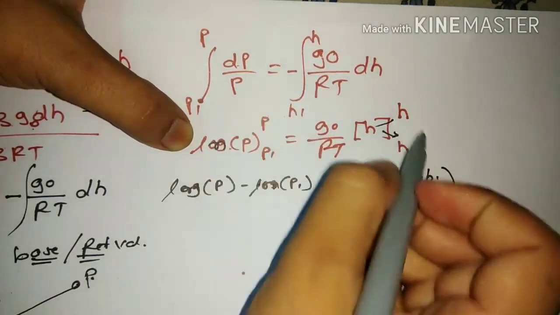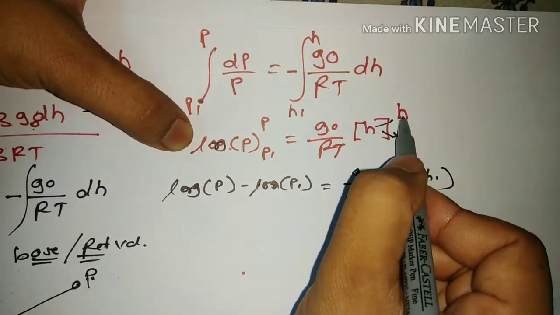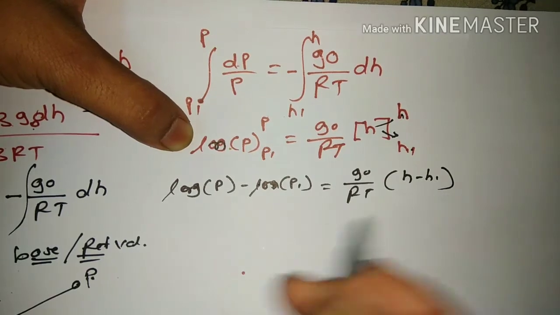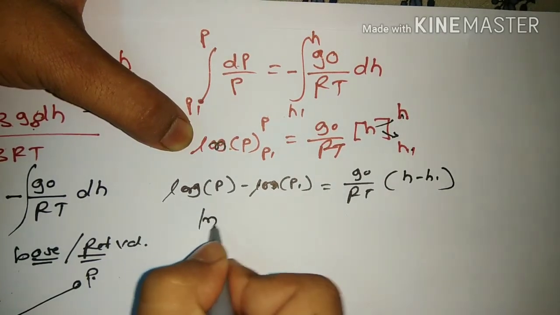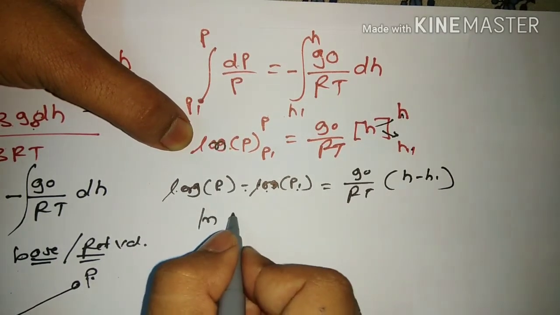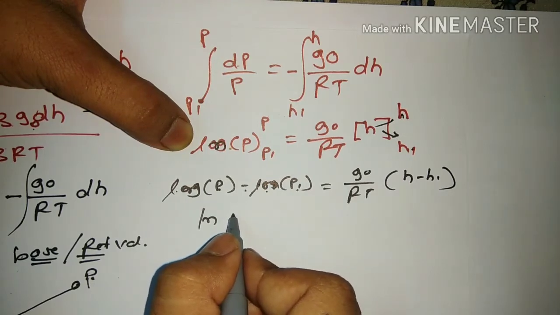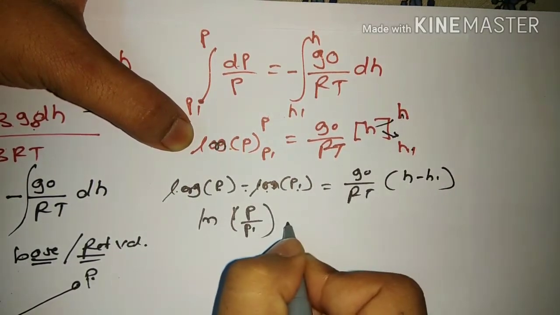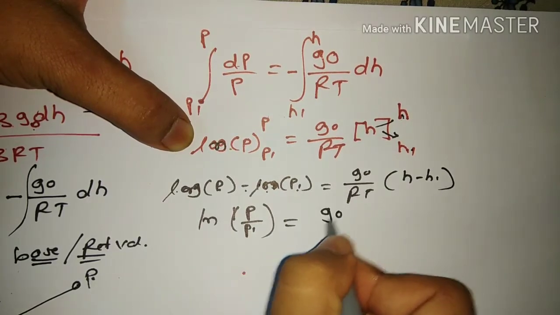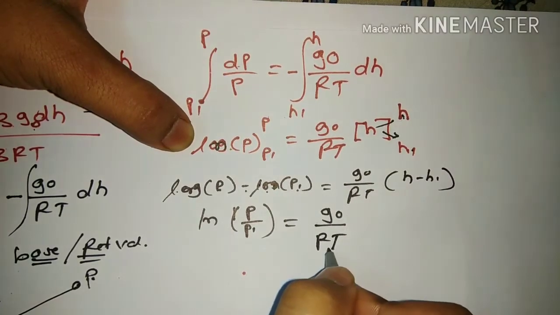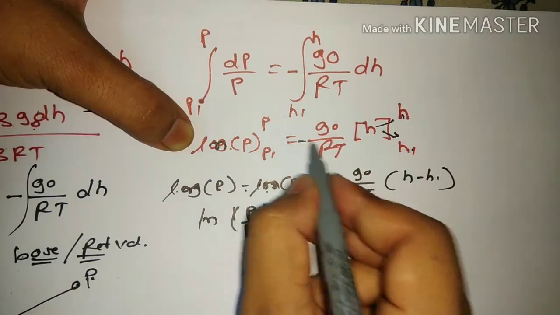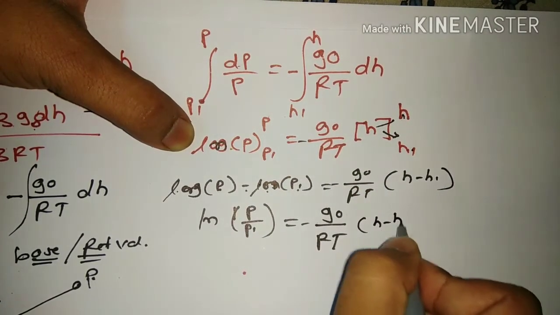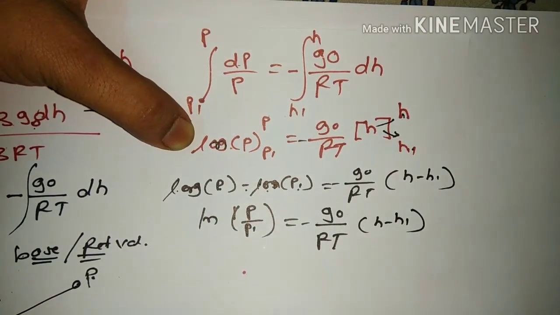We know that putting the limit, we have to first put this value, and second this value, and we have to subtract it. So ln p minus ln p1 we can convert into ln of p by p1, is equal to minus g0 by RT, h minus h1.